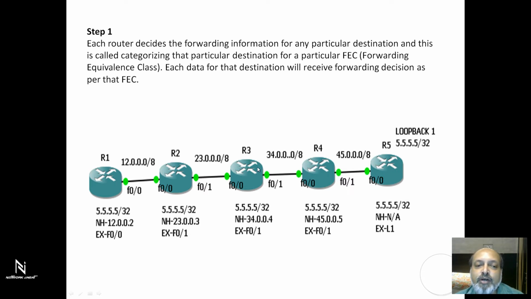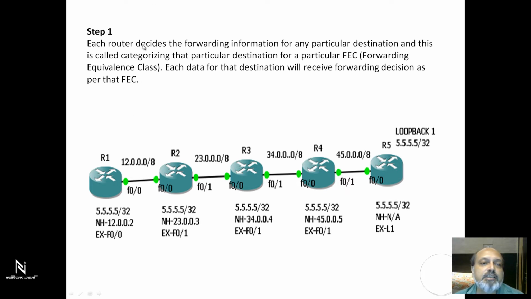In normal IP forwarding, R2 will not be telling anything regarding the forwarding decision to R3. But in MPLS, R2 will definitely instruct something, making the work of R3 much simpler by providing certain information as to how to forward the data.